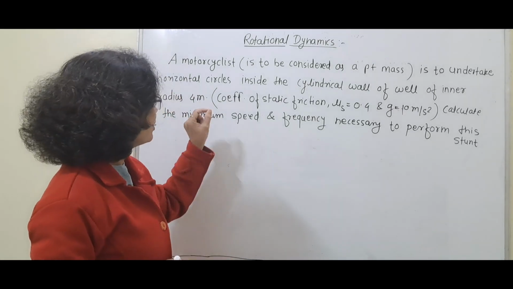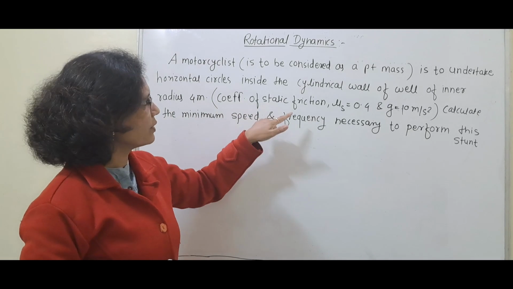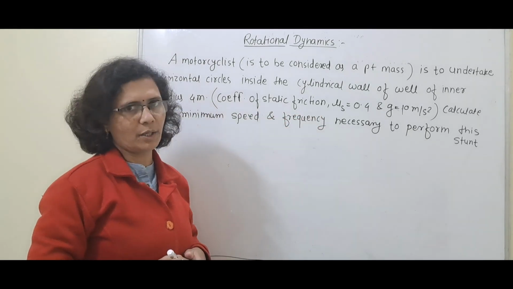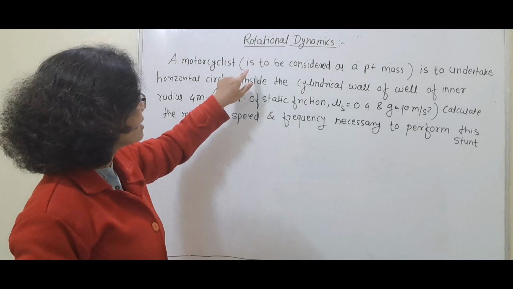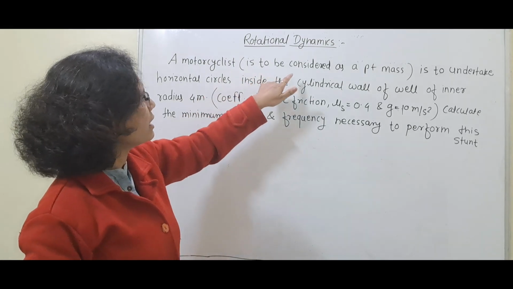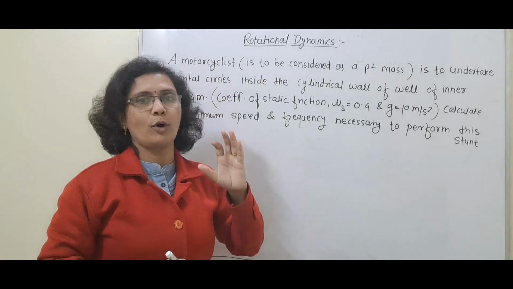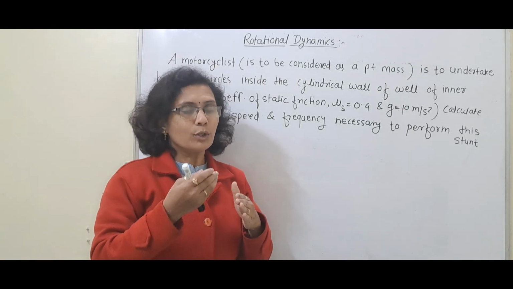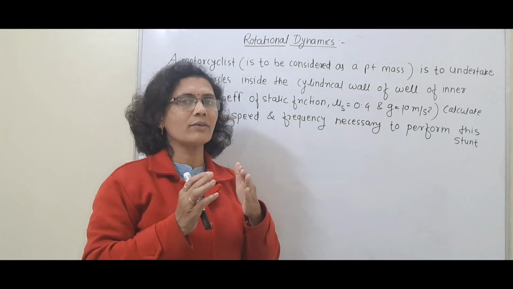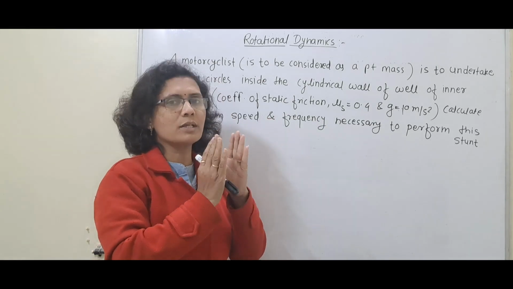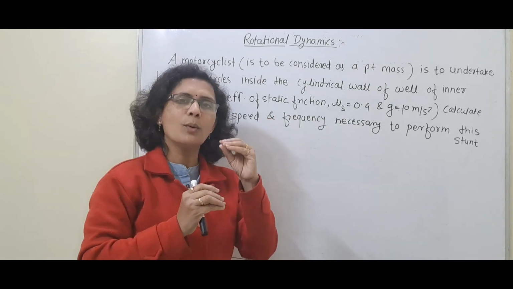See what the given quantities are. The coefficient of static friction mu s is given as 0.4 and g is 10 meter per second square. Another thing is written in this bracket: the motorcyclist is to be considered as a point mass. You remember during the derivation also we considered a point mass.